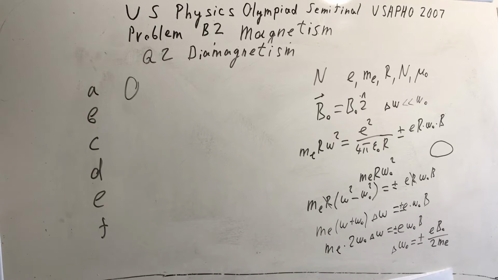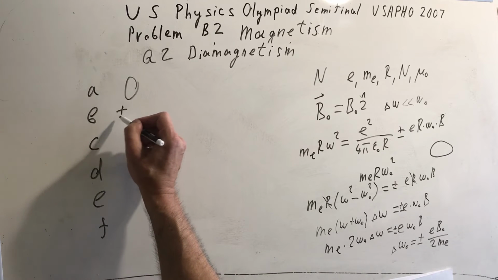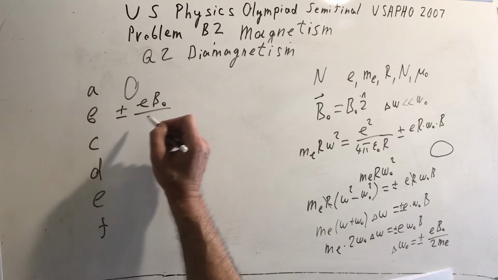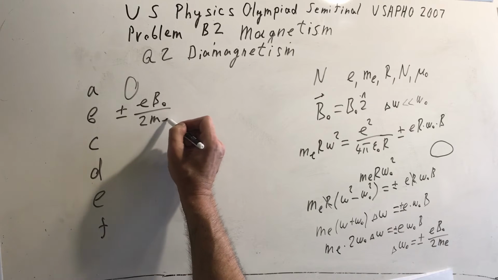So that's the answer for part B: e B0 over 2 m_e.